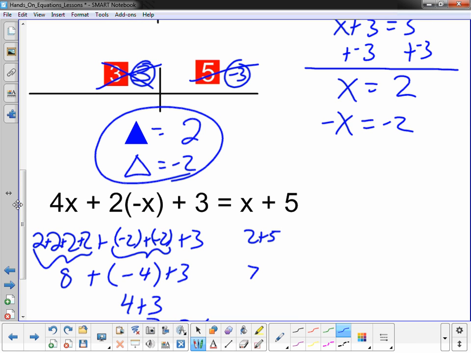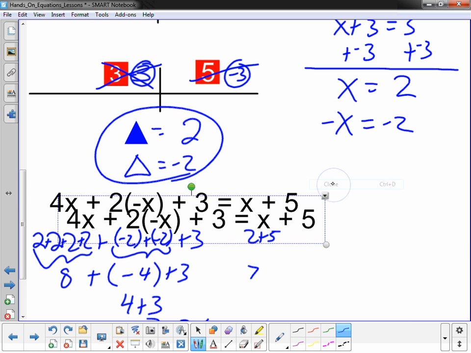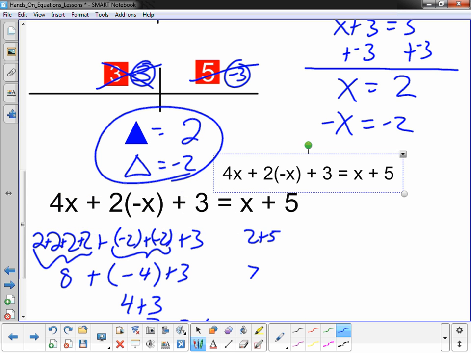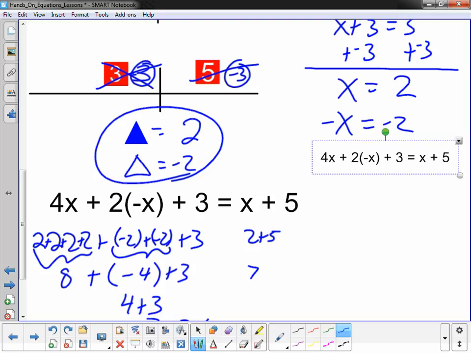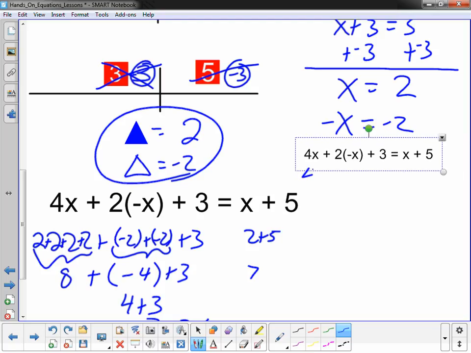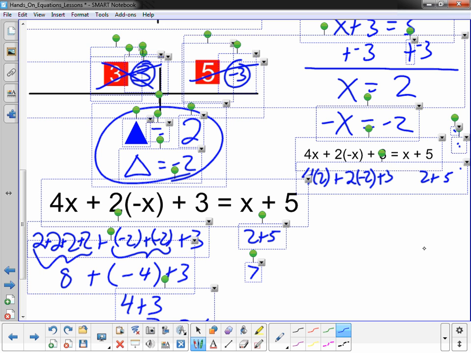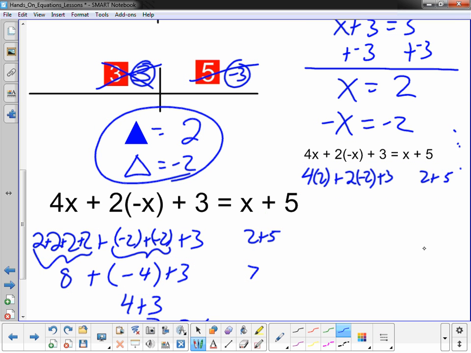So now let's check it on the other side and do it mathematically. 4 times 2 plus 2 times negative 2 plus 3, and 2 plus 5. Okay, 4 times 2 is 8.